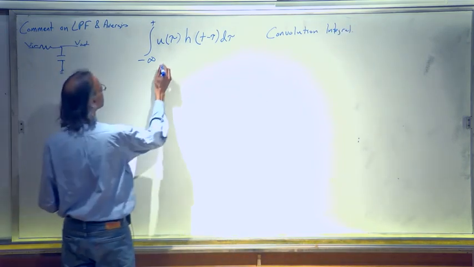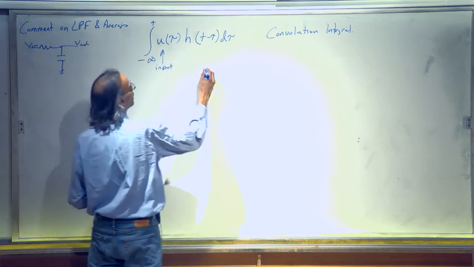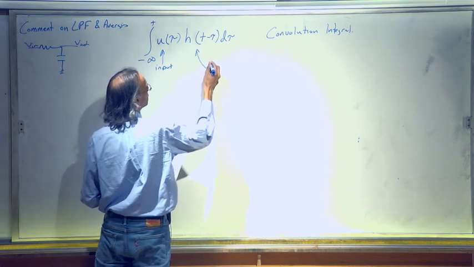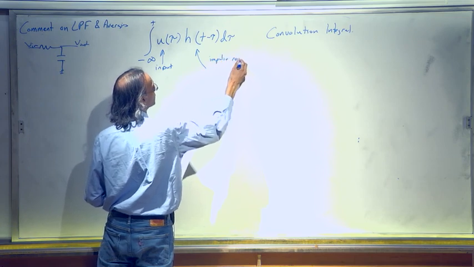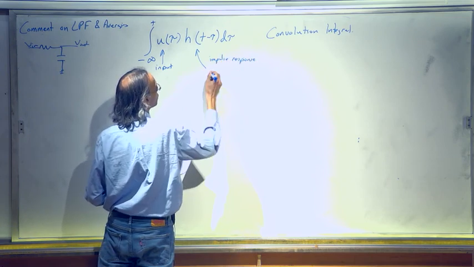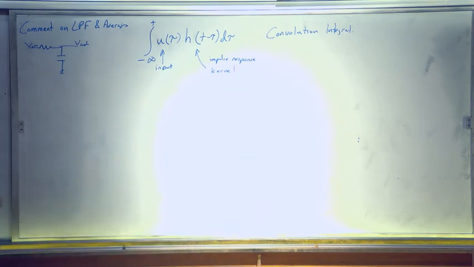Where this is the input function of time, and this is alternatively called the impulse response or kernel, depending on the community.